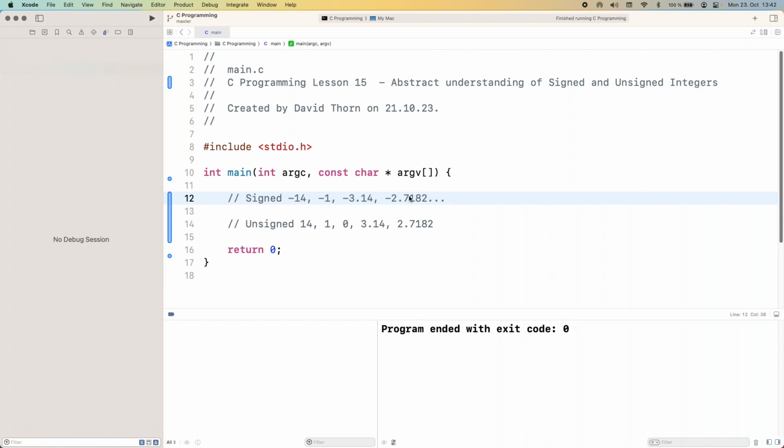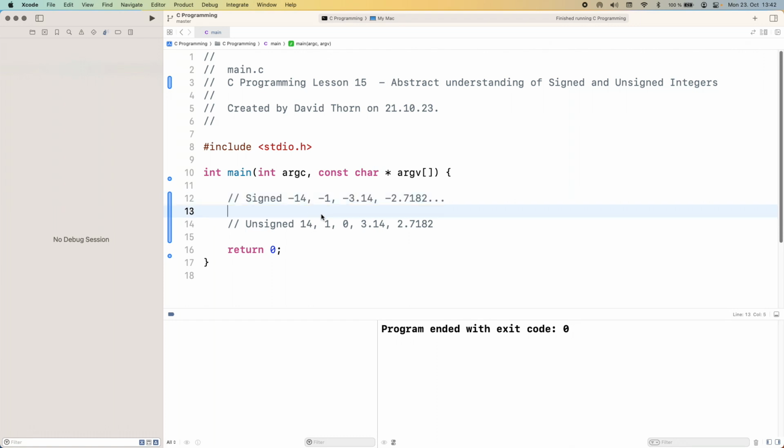But ultimately, they can all be negative, there can be zero, only one zero, and there can be all positive ones, or sorry, just non-zero numbers, I should say.